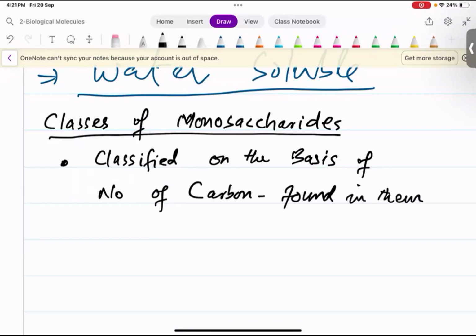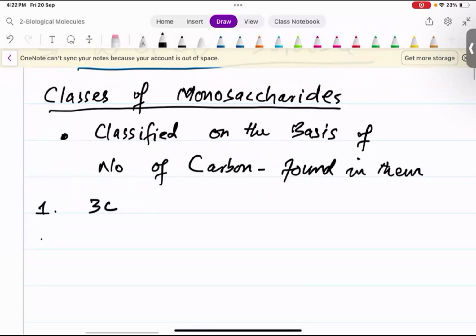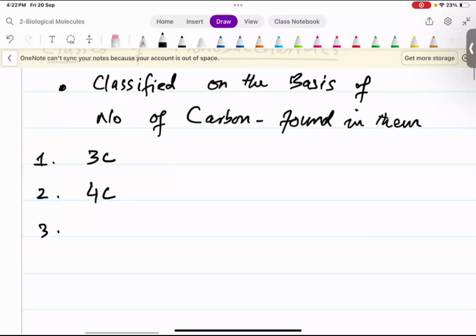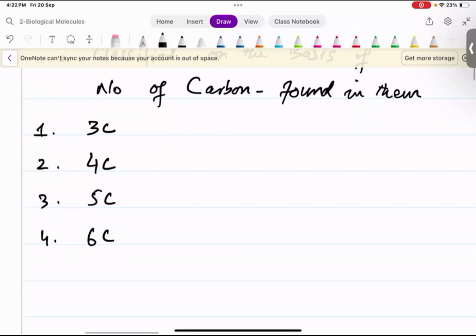They can have 3 carbon, 4 carbon, 5 carbon, 6 carbon, and 7 carbon.